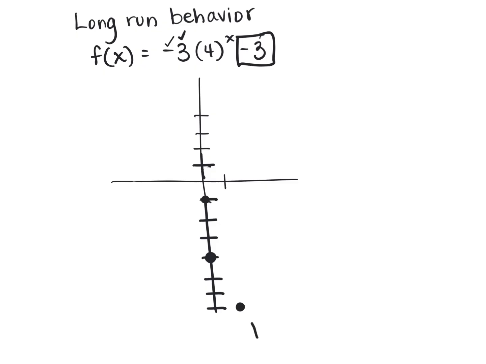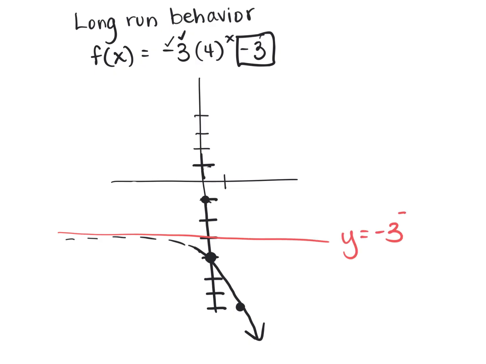So this graph is going to do something very similar to this. Even though my graph is off by a little bit, you have the opportunity to notice that if I look at the horizontal asymptote, we are going to be at y is equal to -3. So that would be your horizontal asymptote.